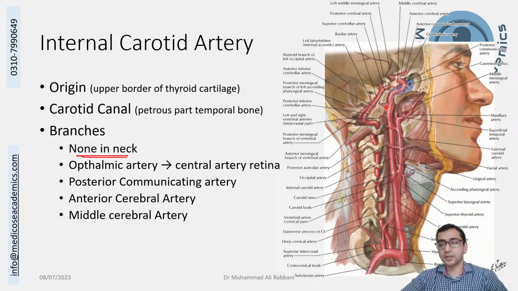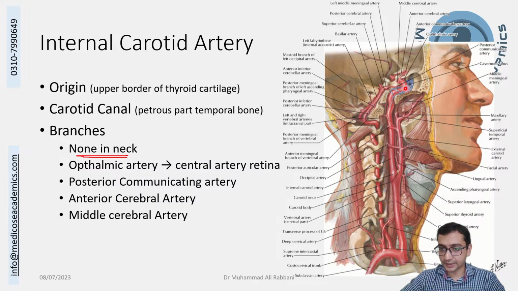It's basically a discussion for the vasculature of the brain, but I'm just giving you a very quick overview. It enters the carotid canal, moves through it anteriorly, exits the upper end of the carotid canal in the middle cranial fossa between the two clinoid processes into the cavernous sinus.